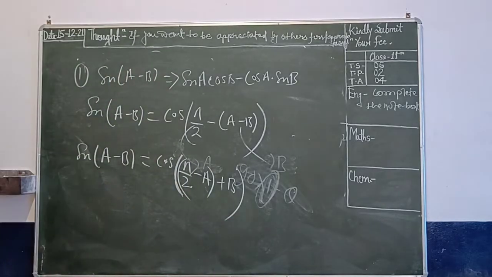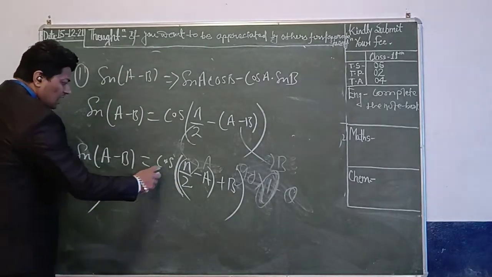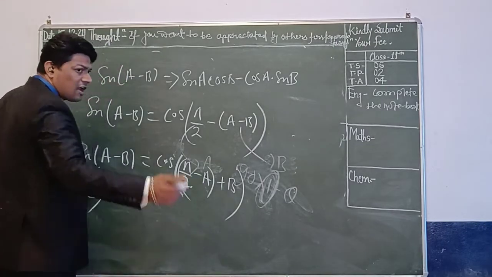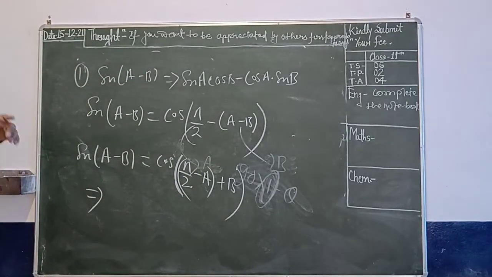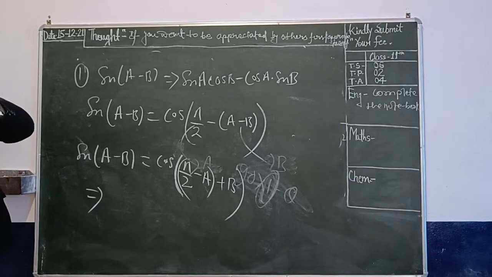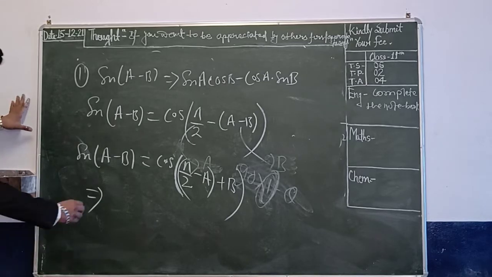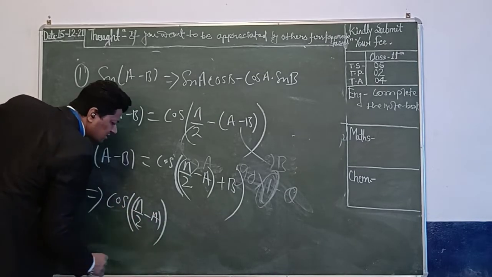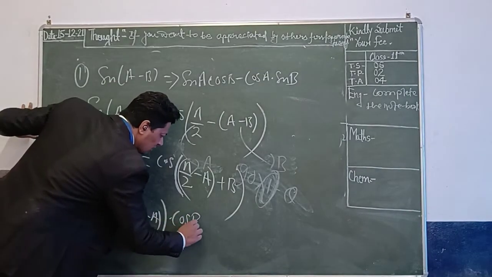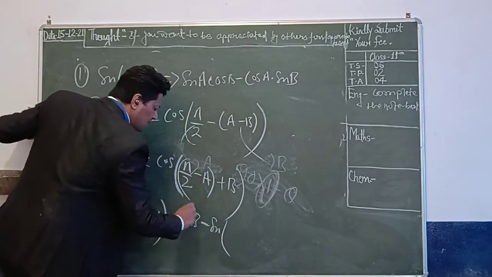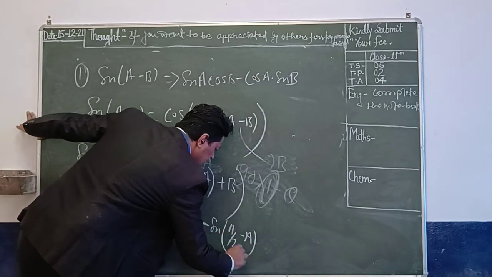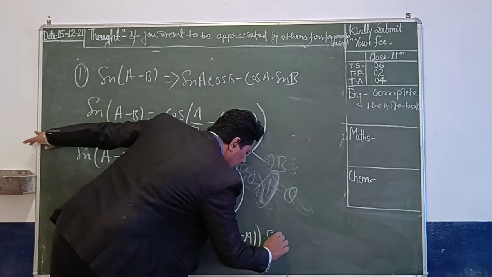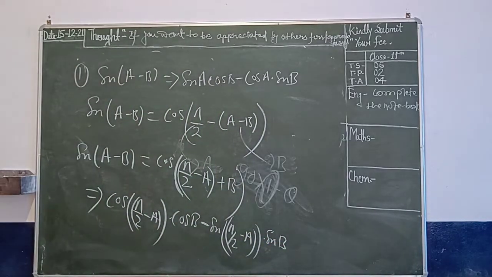Sin A minus B. Now this one, cos A plus B. What is the formula of cos A plus B? Cos A plus B is equal to cos A into cos B minus sin A into sin B. Is it clear?